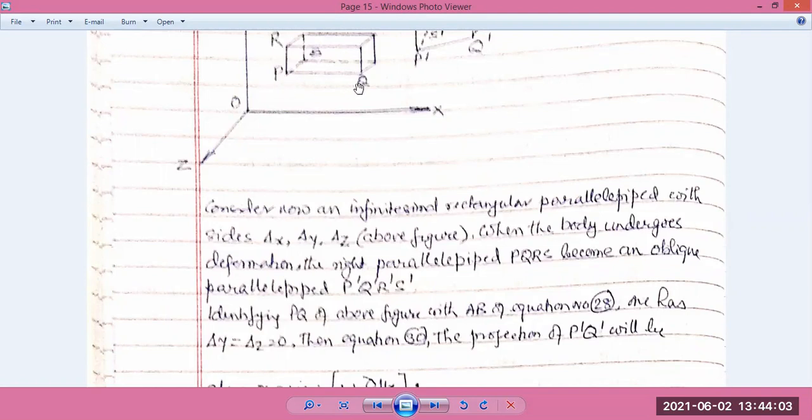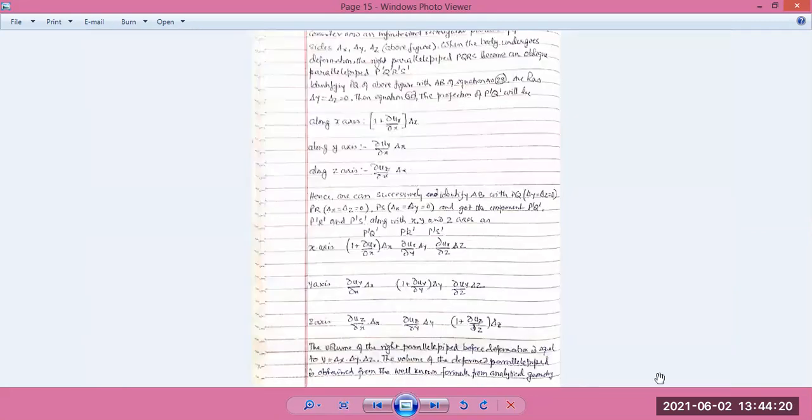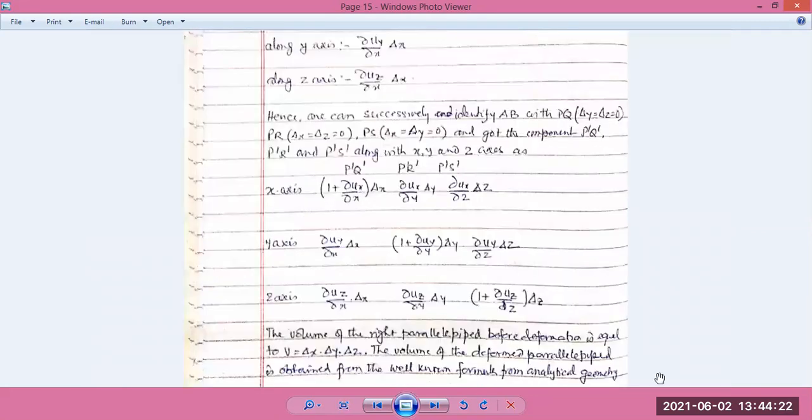So PQ is equal to delta x, PR is equal to delta y, and PS is equal to delta z. So the volume of this cuboid will be delta x into delta y multiplied by delta z itself. That is the idea. So before deformation, we got the volume delta x into delta y into delta z.